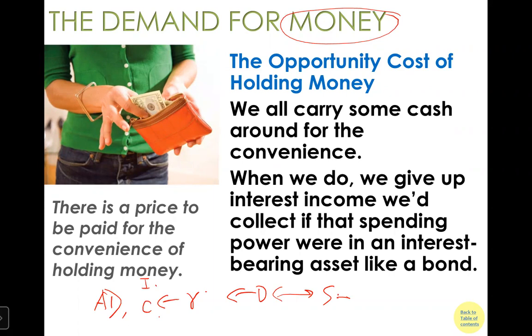All right, now let's start with the demand for money. The demand for money largely comes from the opportunity cost of holding money. Money, particularly cash, brings us convenience, because with cash you can do a transaction anywhere, anytime, as you wish. That's a convenience, but it comes with a cost.